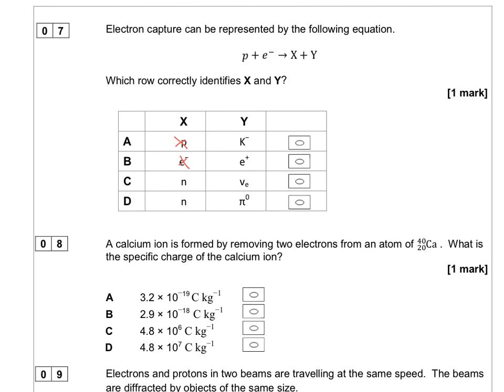By convention you put the baryons or hadrons first and leptons second, so again that's going to tell you X is probably a type of baryon here. And to conserve lepton number we also need to produce an electron neutrino, so we know that one's not correct. So we've eliminated these 3, leaving us with this one at the end, our neutron and an electron neutrino.